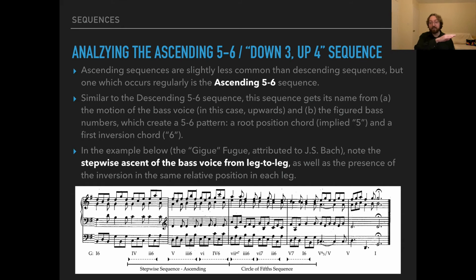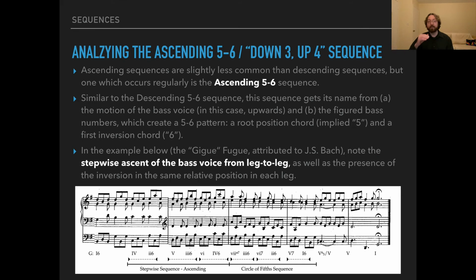So there is this stepwise sequence that is ascending, creating this pattern of a root position chord to a first inversion chord, or this ascending 5-6 sequence. And in each of those legs, note that the lowest note of the pedal, or the bass voice, creates a stepwise ascent. C to D to E.